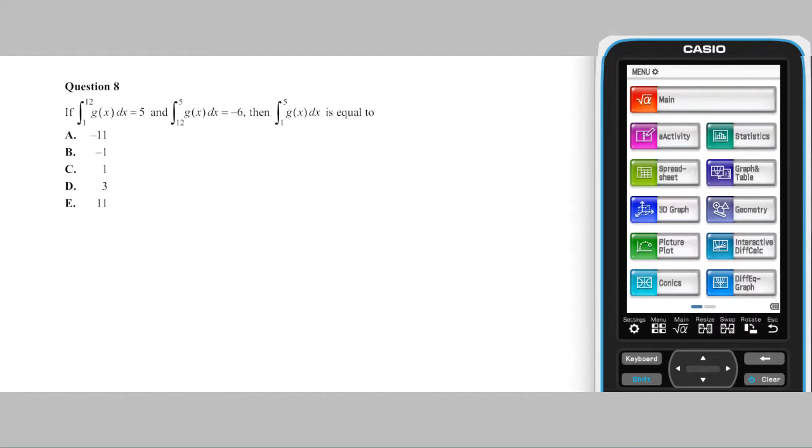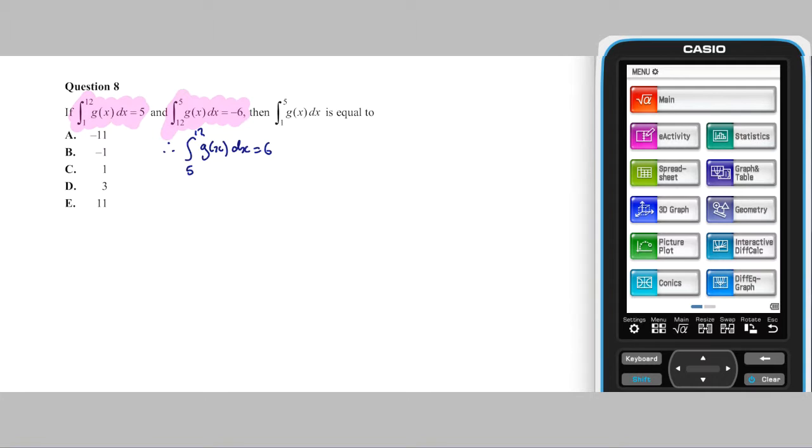Question 8. We are provided with some information about definite integrals of the function g of x. We're told about the definite integral from 1 to 12, and we're told about the definite integral from 12 to 5. This gives us the result that the integral from 5 to 12 of g of x will be equal to 6.